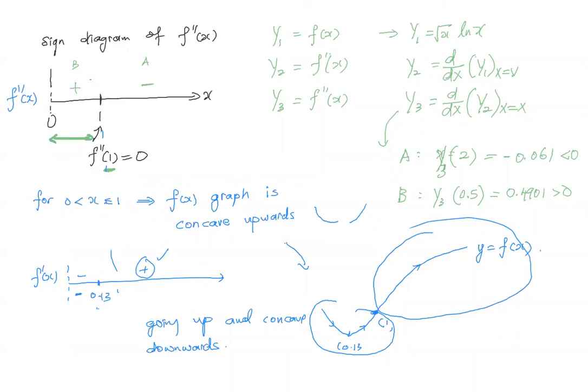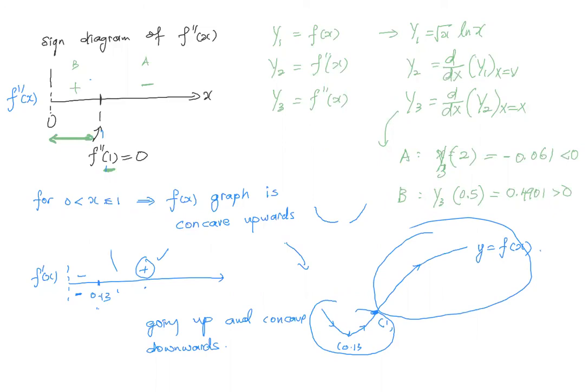But it is increasing. So the positive and negative sign for the double prime shows you the shape of the f(x) graph. Okay, Miss. Take note of that. So each sign diagram tells you a different thing about f(x). So you have to get that right.